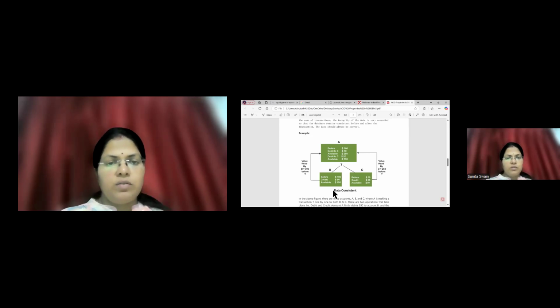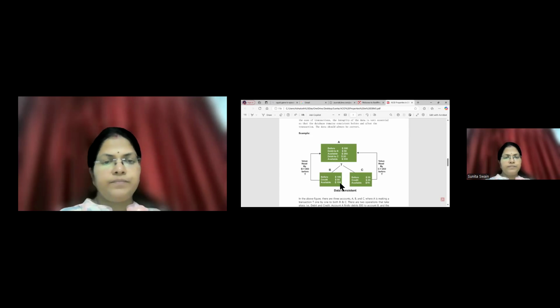So it is shown already the $50 has been credited. So debit of $50 from $300 in A means now the available balance should be $250.